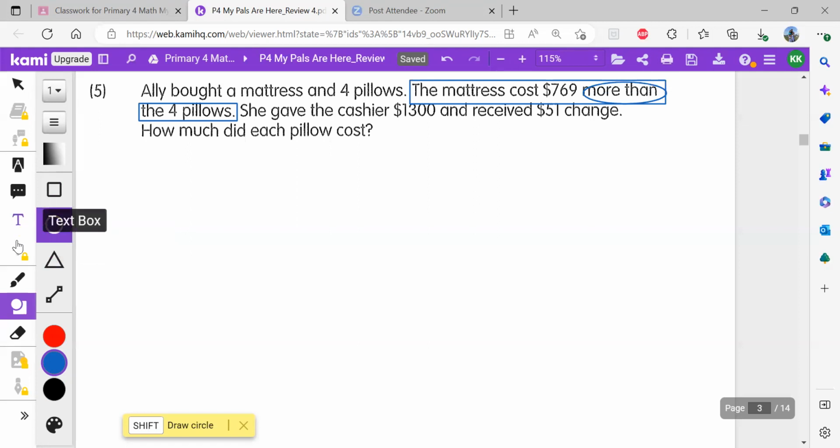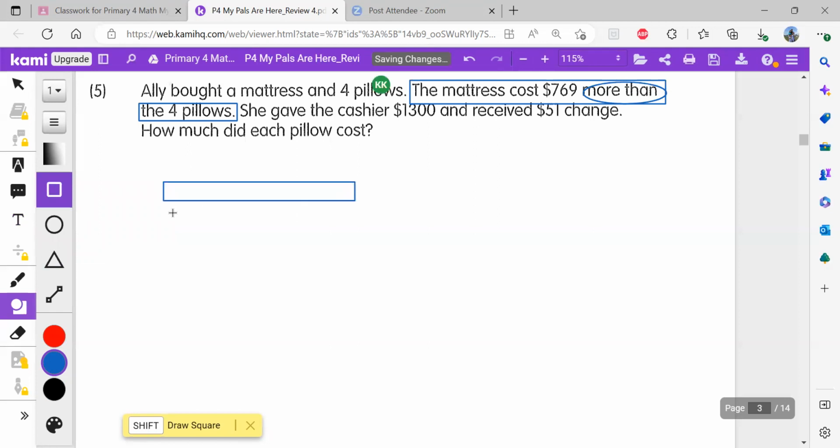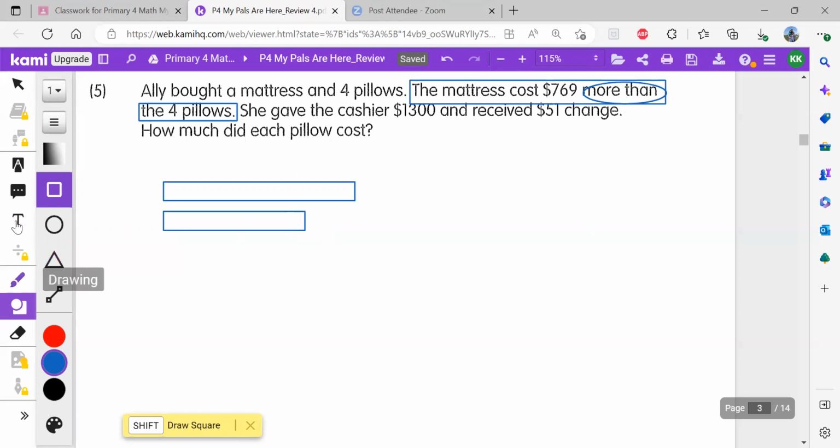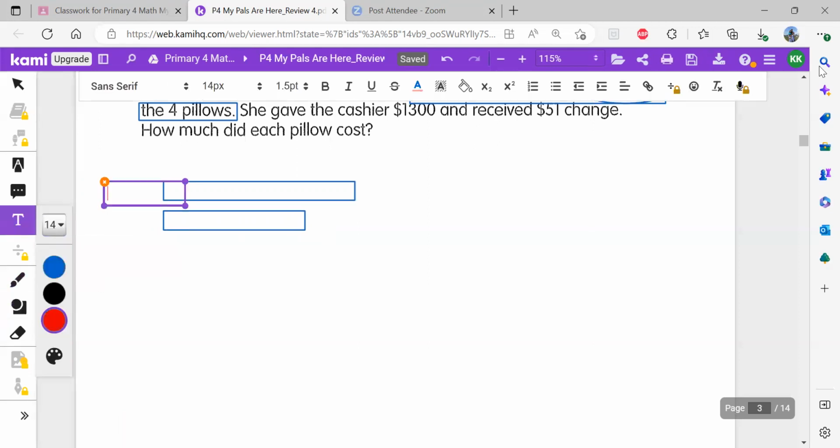All right, so we're going to draw from here, right? A mattress is going to have a longer model, longer rectangle. On the pillows, you're going to have a shorter one. Okay, so bear in mind, this is the mattress. And at the bottom is not one pillow, it is 4 pillows.